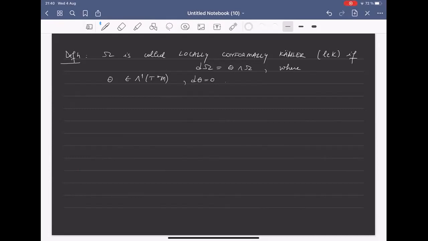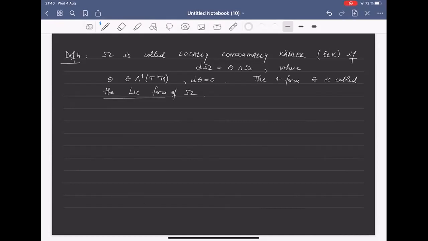So this one form theta is called the Lee form of the metric, the Lee form of omega.